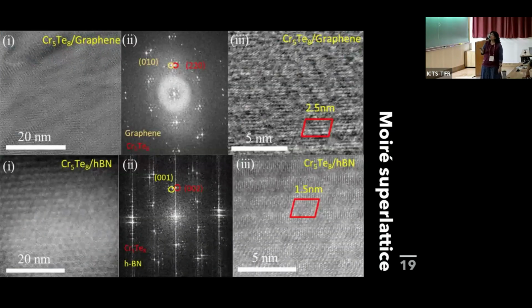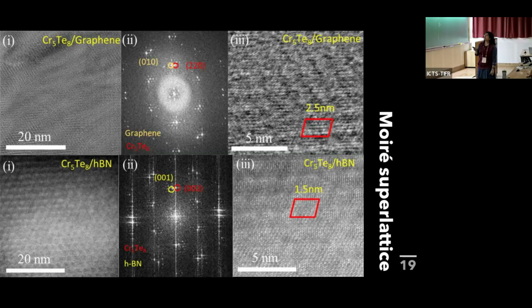Now the interesting part was when we did the TEM, and high resolution TEM of these heterostructures. For the samples where we had very thin graphene and HBN on which we could grow this chromium telluride, on looking at these structures in the HRTEM, we could see nice moire patterns emerging.